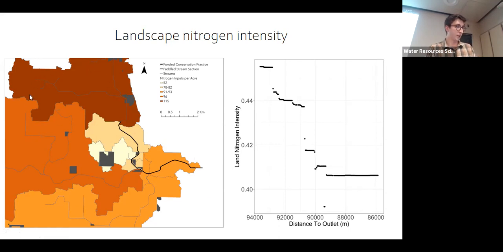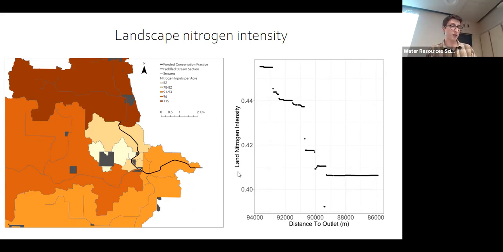You can see these polygons here are the nitrogen input on the landscape that we've estimated using crop rotation history and recommended fertilizer rates. And so, you see that there's some variation. This is mostly due to certain areas having a higher proportion of corn compared to soybean being grown. So that's really about all the variability that we see in this landscape.